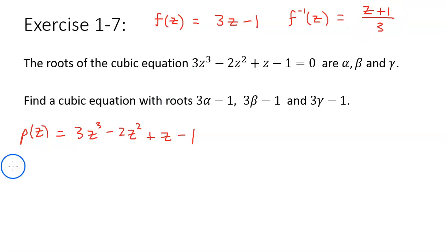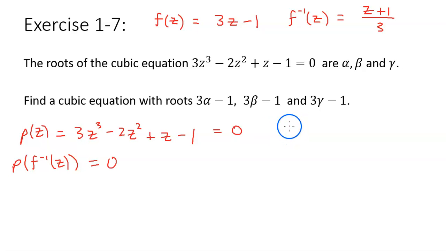So if we consider p of f inverse of z and set this thing equal to 0, clearly we're going to get an equation that has the roots 3 alpha minus 1, 3 beta minus 1, and 3 gamma minus 1.